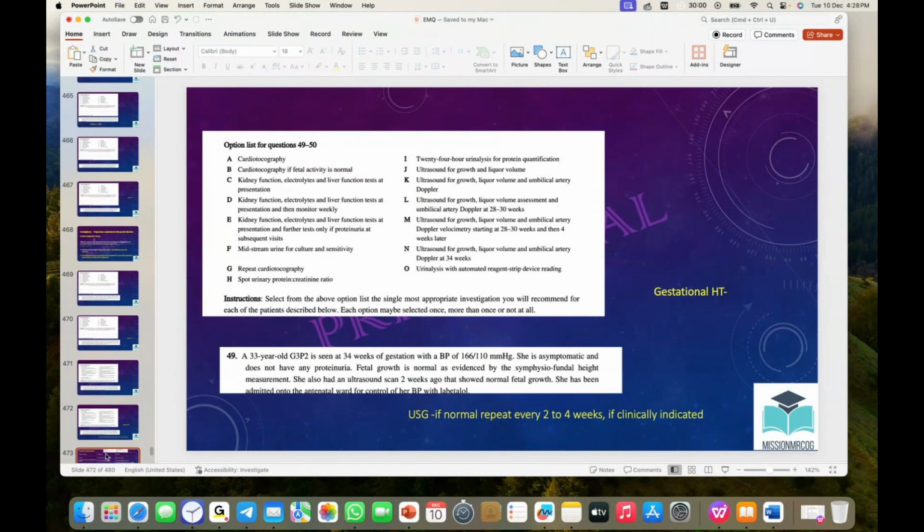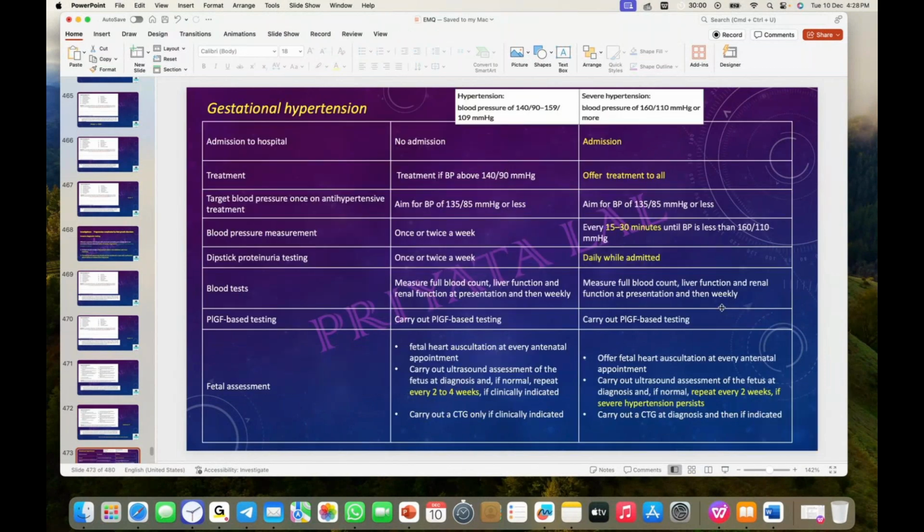This is the gestational hypertension management. They will admit the patient if it is more than 160/115. Then they will check every 15 to 30 minutes until the BP is less than 130/110.